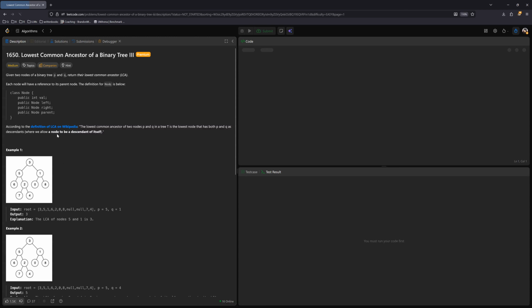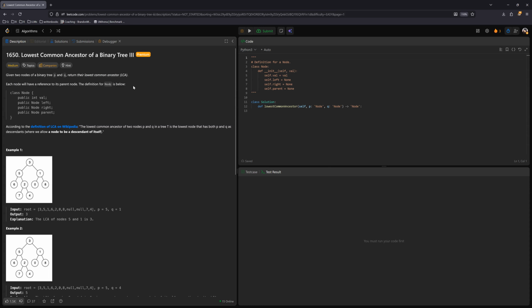Okay. Lowest common ancestor of a binary tree, part 3. Number 3, lowest common ancestor. You're given 2 nodes of a binary tree. Oh, okay. Return their lowest common ancestor. Each node will have a reference to its parent node.